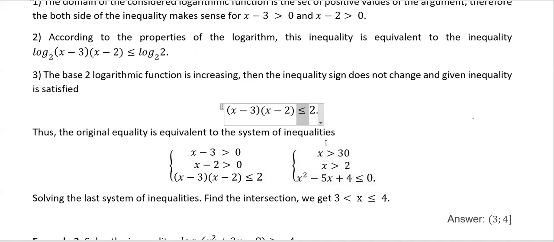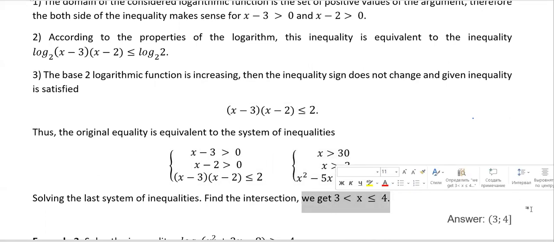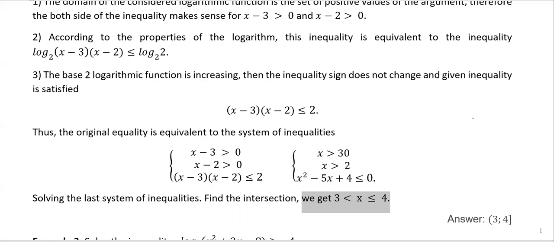By solving each inequality separately, we find the intersection of this system. So the answer to the given logarithmic inequality is this interval from 3 to 4, including 4.